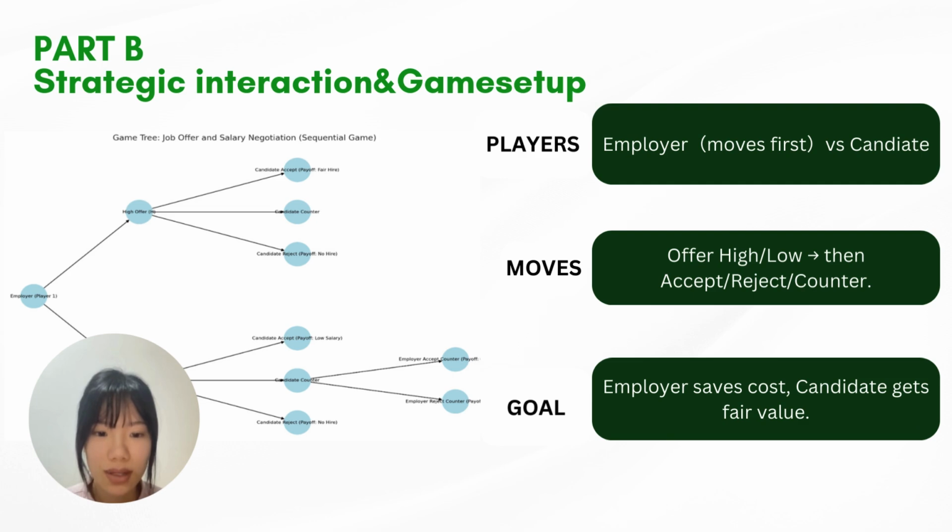The two parties have conflicting goals. The employer aims to control costs, while the candidate seeks fair market value. This sequence and divergence of interests form the basis of strategic interaction.